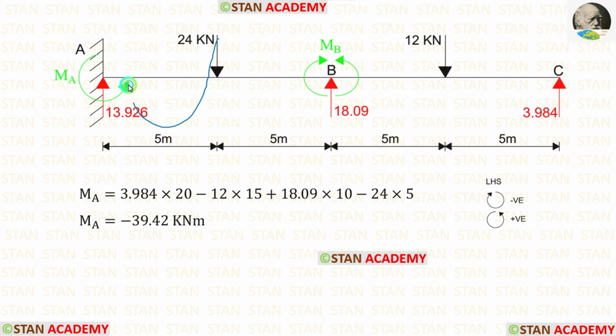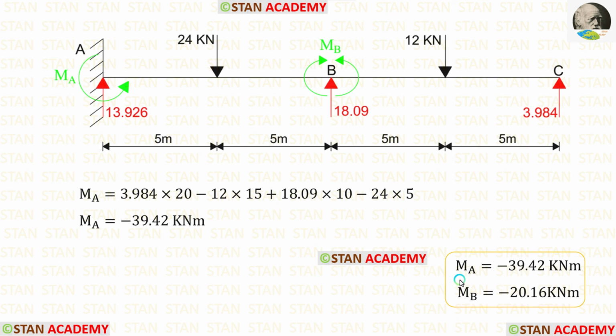The point load is acting in the clockwise direction, so it will be negative and the distance is 5. After the calculation, we are getting MA, which is equal to minus 39.42 kilonewton meter. In this analysis, we have calculated both of the moments MA and MB. At the point C, there will be no moment because it is a simply supported end.